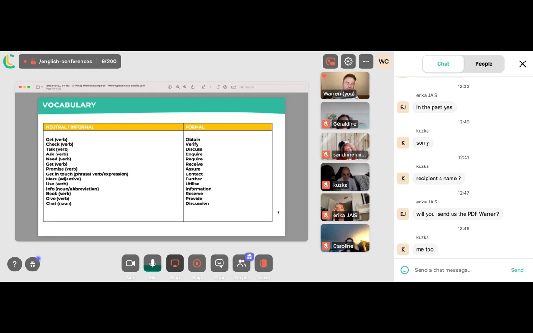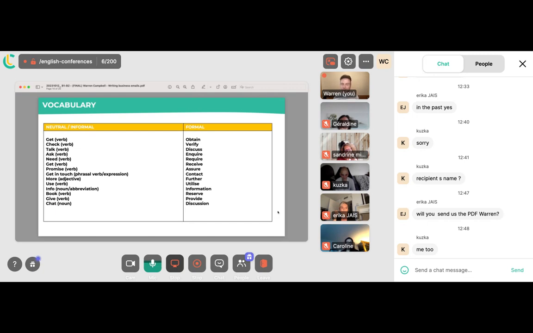Usually in professional emails, we tend to avoid any sort of phrasal verb or expression. A major exception to this would be look forward to, perhaps, one we talked about earlier. Okay, but for the most part, we tend to avoid phrasal verbs in professional emails. More, further.